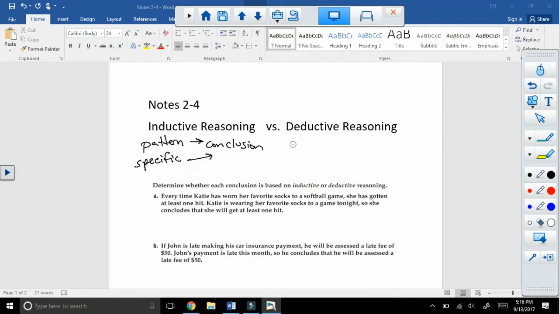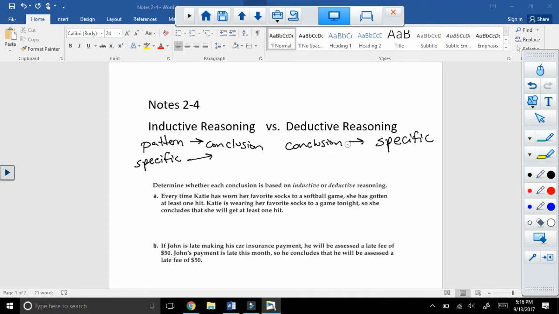For deductive reasoning, it's kind of the opposite of that. We start with the conclusion, and then we're going to take that and apply that to specific situations. And this right here would be kind of the method that you would see, like maybe investigators take.